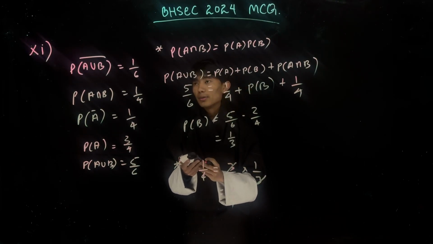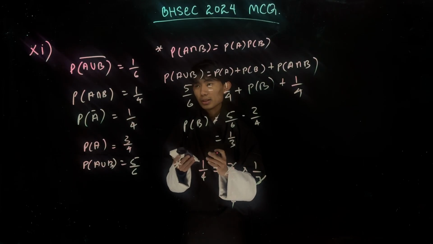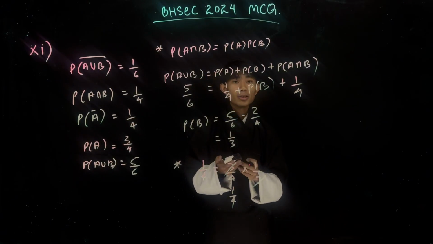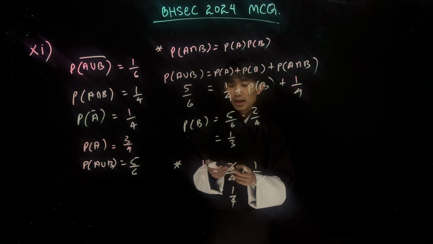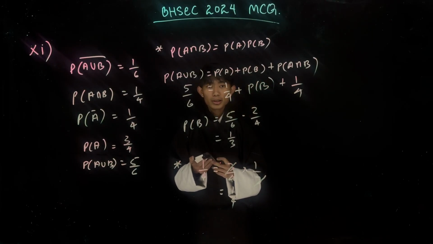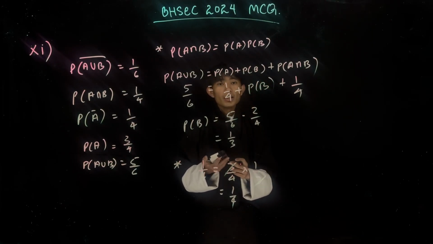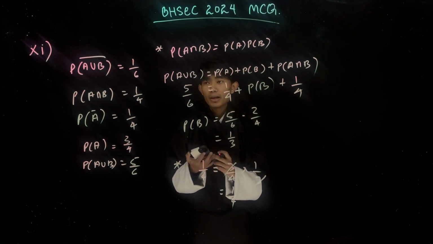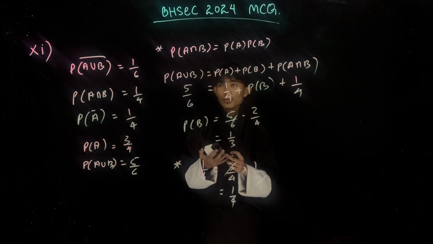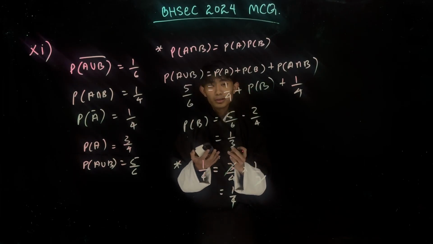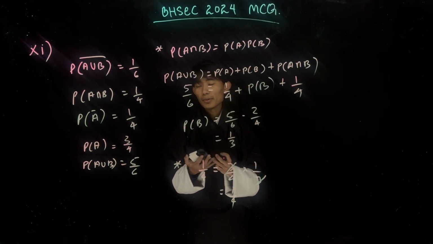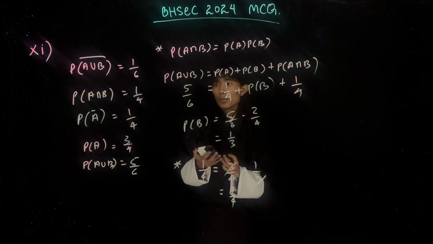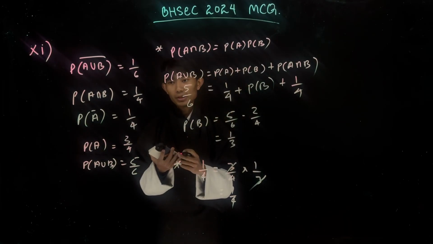So event A, that is Karma hitting the target, and event B, that is Sonam hitting the target, are independent of each other, and they are not mutually exclusive as well, because mutually exclusive means that two events can't happen at the same time, and here the two events, Karma hitting the target and Sonam hitting the target, can happen at the same time, because we are given the probability of Karma and Sonam both hitting the target.